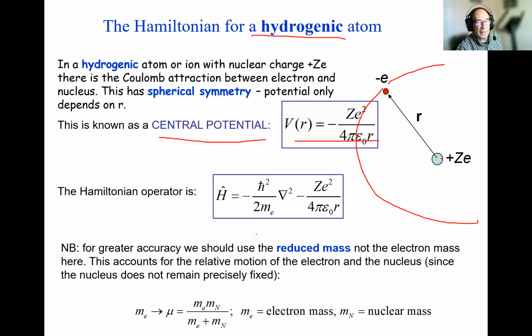The operator which describes this behavior is the Hamiltonian operator. It includes the kinetic energy of this electron, which is also represented in the form of an operator: we have this gradient squared, this nabla operator, describing the kinetic energy. And we also have the potential energy of our electron moving in the spherical central field of our hydrogen atom.